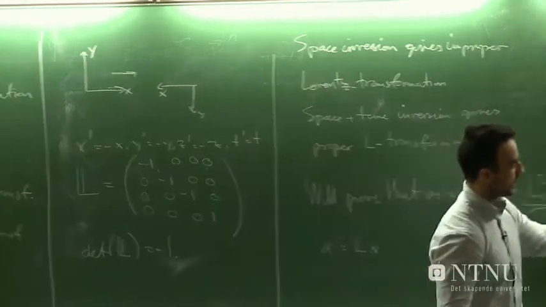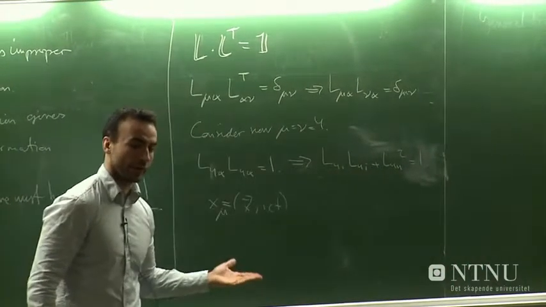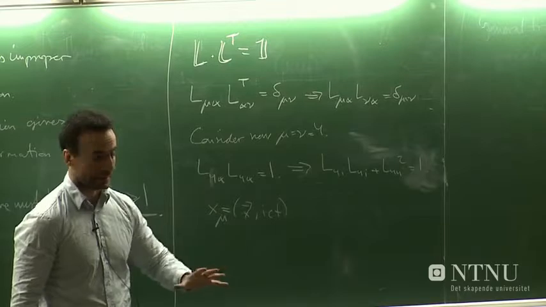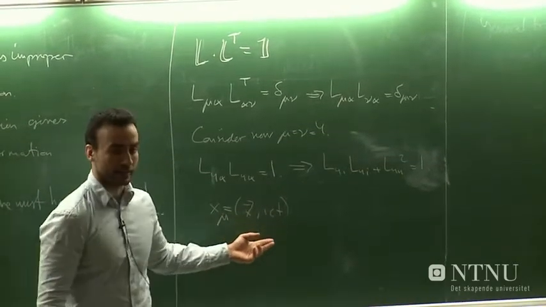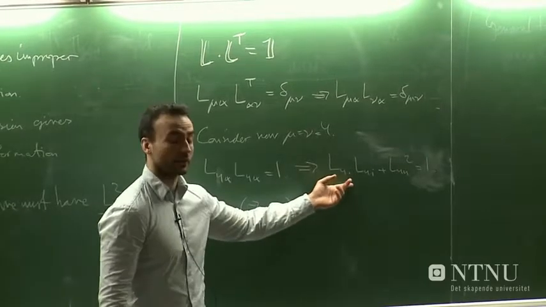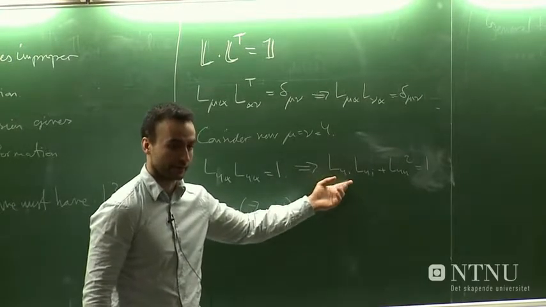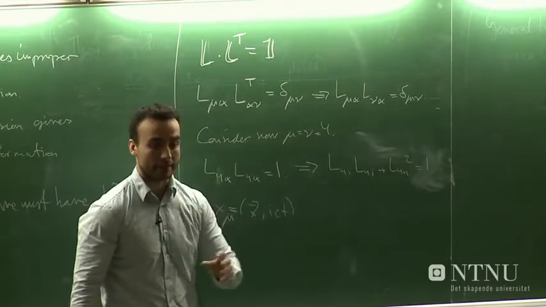So the first 3 elements in the last row of L correspond to the coupling between time and space. And since the time coordinate here is imaginary, well then these couplings also have to be imaginary, since they couple an imaginary time with a real space coordinate.